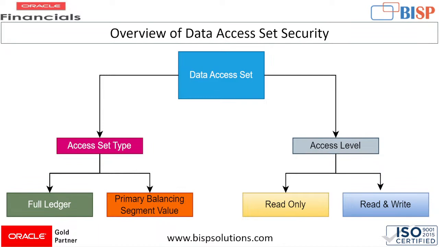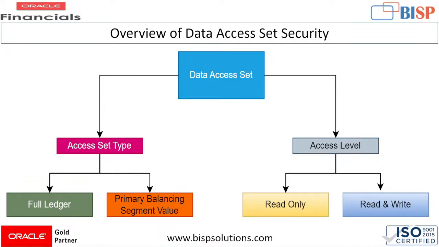In the following figure you can see the access level given in the data access set we create, the access set type. You can see that there is full, or you can give a primary balancing segment value.